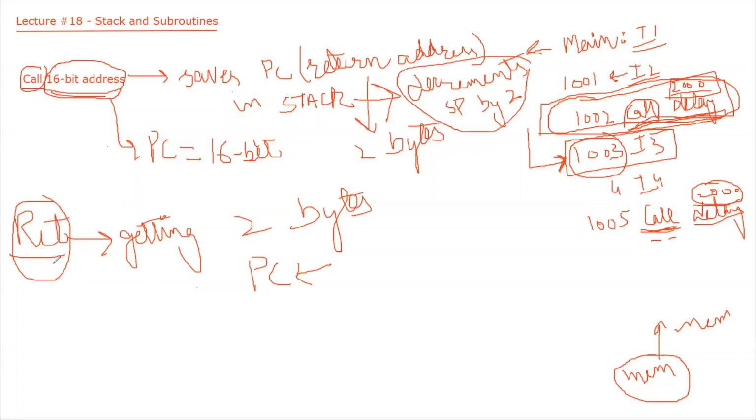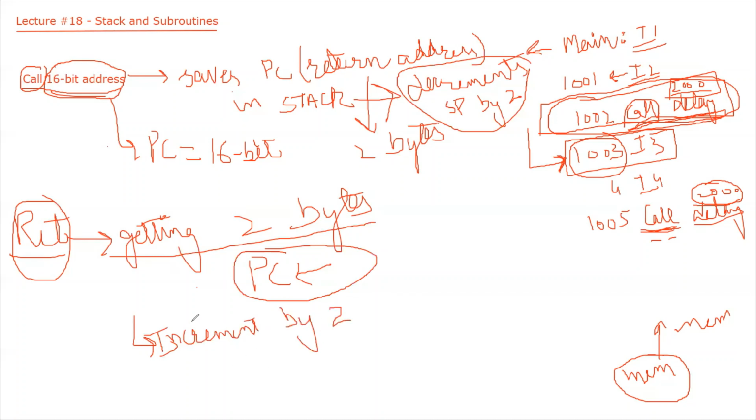And when a return instruction is executed, it gets 2 bytes from the top of stack, keeps those 2 bytes in program counter, and increments stack pointer by 2. Why? Because getting 2 bytes from stack memory is equivalent to a pop operation, and we know pop increments by 2.